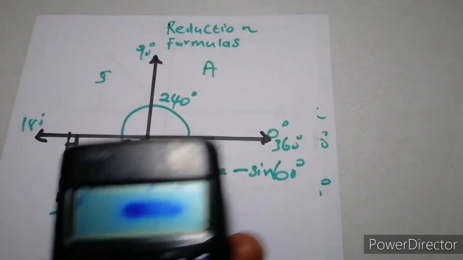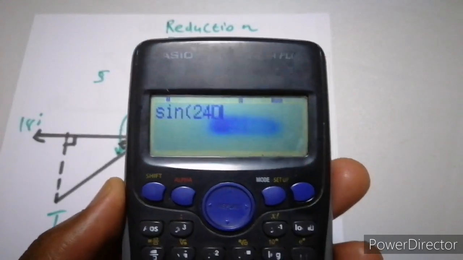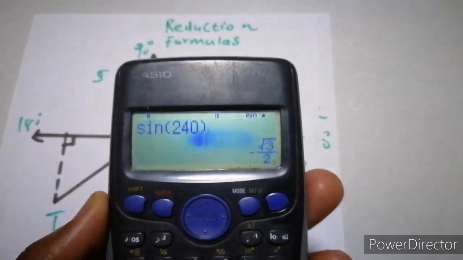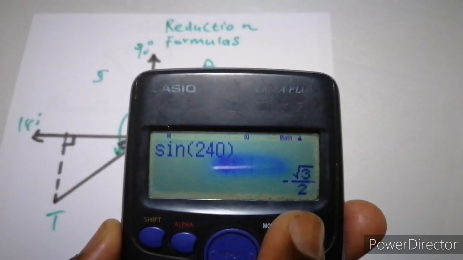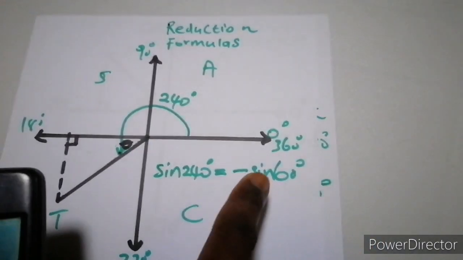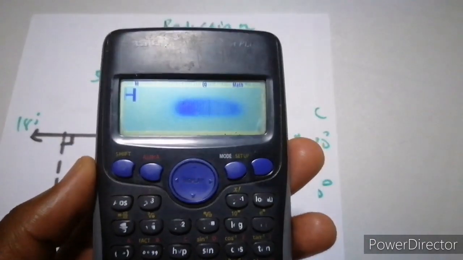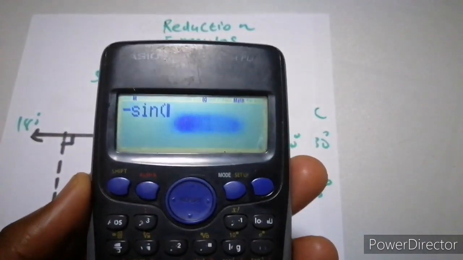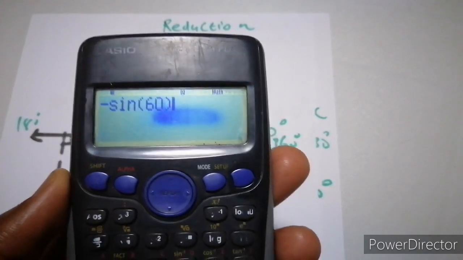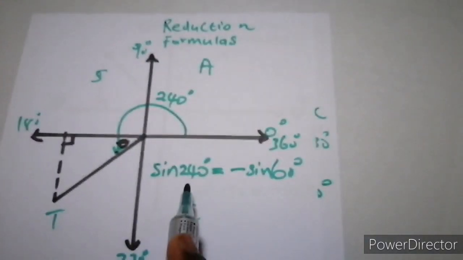For example, let's check if this is correct. The sine of 240 degrees is equal to negative the square root of 3 over 2. Let's check if it is the same as negative the sine of 60. Negative the sine of 60 degrees is equal to. It is the same. Now, that's how we reduce these angles.